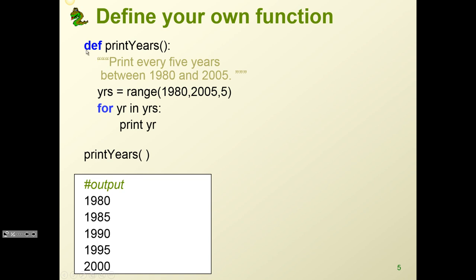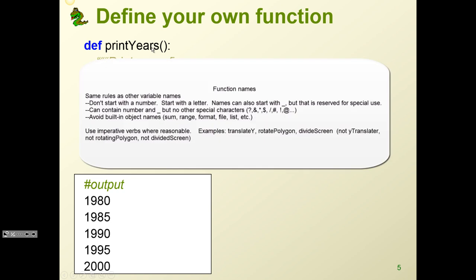You can just use the def keyword, the name of the function. When you select a function name, keep in mind that the same rules that apply to other variable names apply to function names. Don't start the function name with a number. You can include an underscore in the name, and the name can include numbers, but no other special characters can be included.